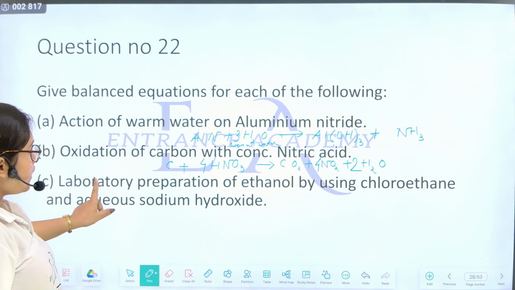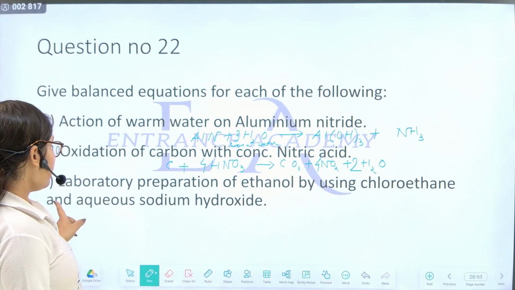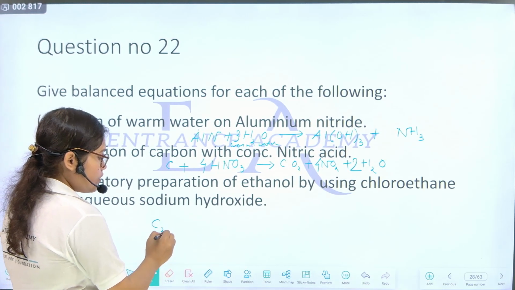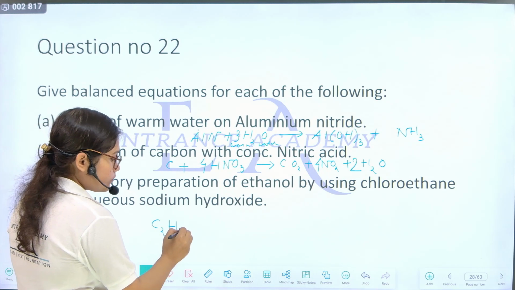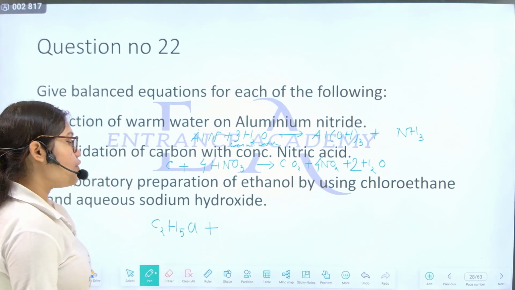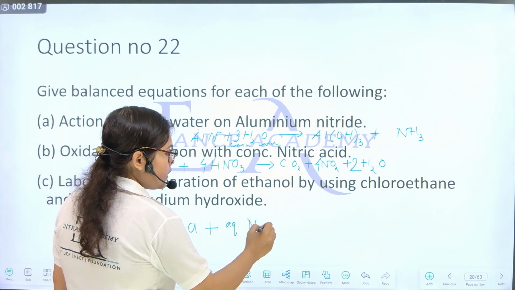Third question, laboratory preparation of ethanol by using chloroethane and aqueous sodium hydroxide. This is chloroethane, and aqueous solution of sodium hydroxide.